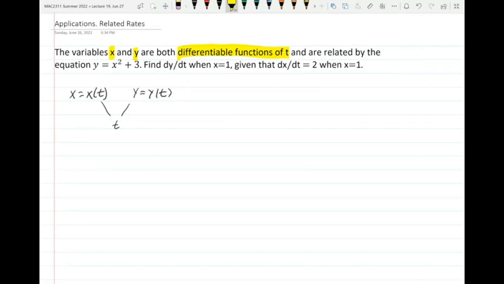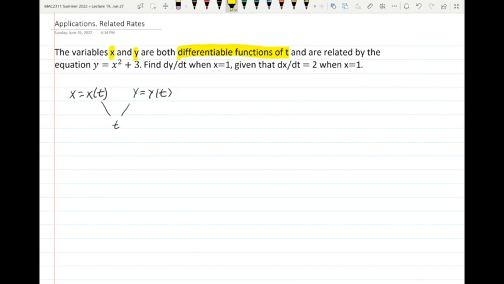In other words, you can take the derivative of these functions with respect to t. Next, we have a way to relate these two quantities: x and y are related via that equation. This equation is not telling you anything about t. There is no t in there, but it's telling you how x and y are related. With that information, our job is to figure out dy/dt when x is equal to 1.